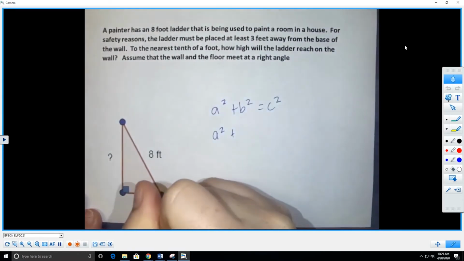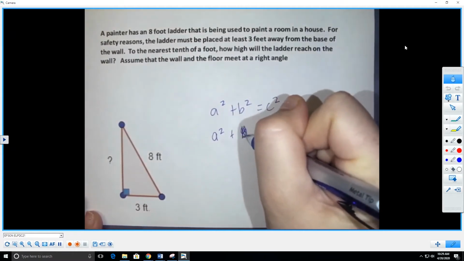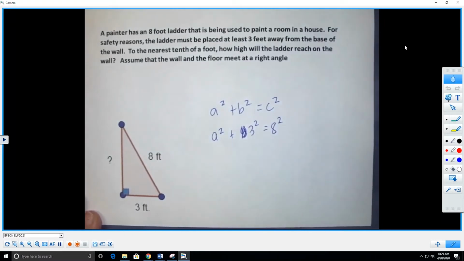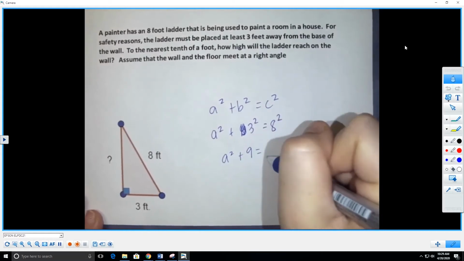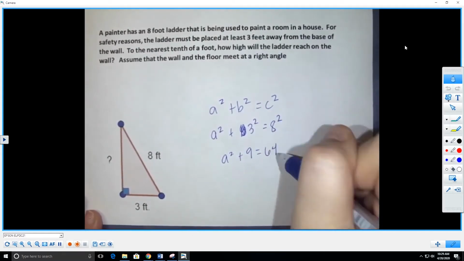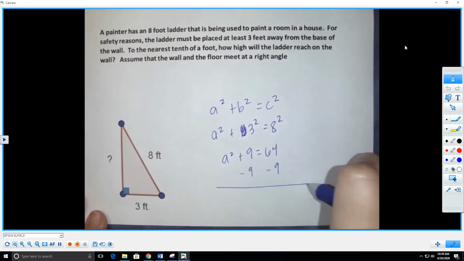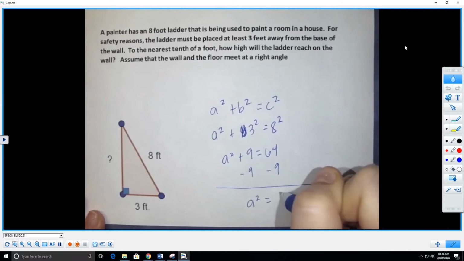I'm going to plug in 3 for b, and then 8 for c. So I have a squared plus 9 equals 64. And then I'm going to subtract 9 from both sides. So I have a squared equals 55.